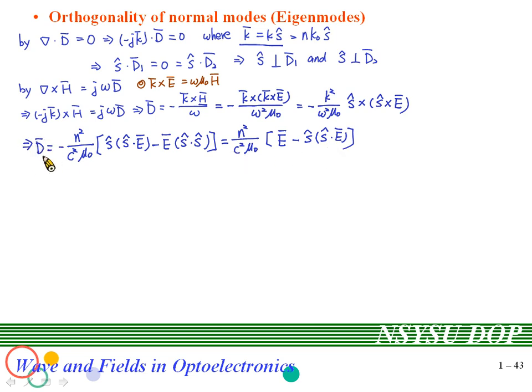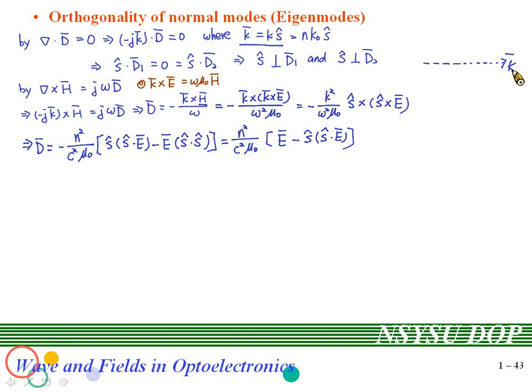And now I would like to show you that from this expression, you can see the relationship of D, k, and E in space. First of all, we consider that there is a k vector here. Okay?